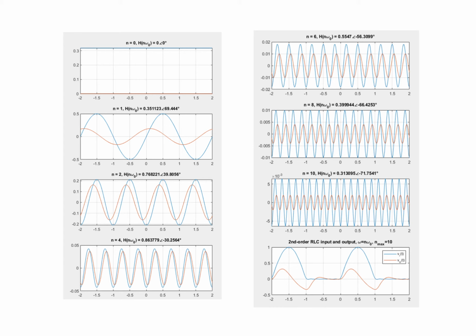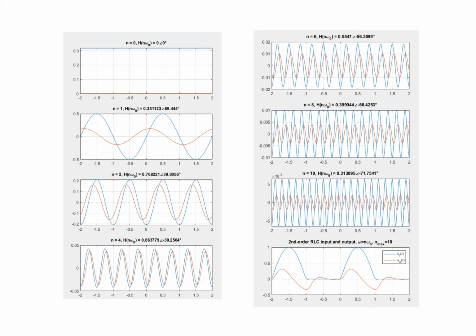Then we have n equals 1, the fundamental here, and we see the input is 0.5 of a volt, and it's a sine wave, so that comes up to half the amplitude of the blue input. And the other components are going to build it up more fully. Now, we see the H value here when we plug in n equals 1, so omega is just equal to omega naught.